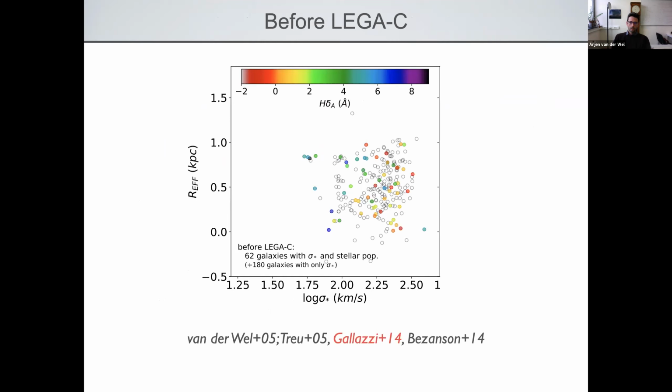Okay, to put LEGA-C in context compared to what's come before: in the previous two to three decades, people have slowly taken spectra of massive ellipticals in the same redshift range, 0.6 to 1, and it all amounts to about 180 massive ellipticals with stellar velocity dispersions, and a subset of just 60 galaxies with Balmer line stellar population measurements in general.